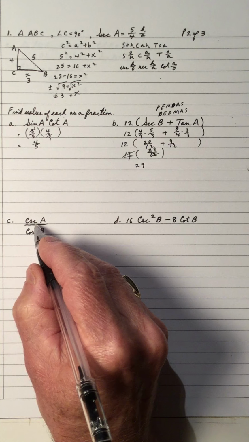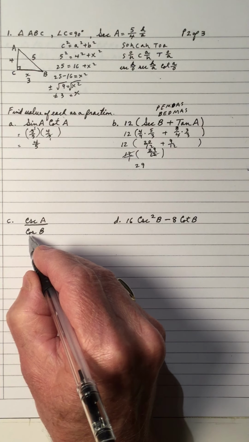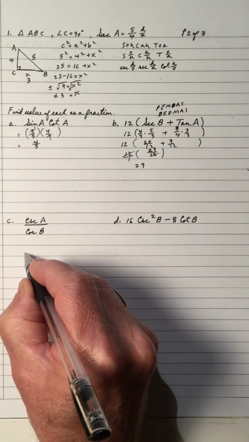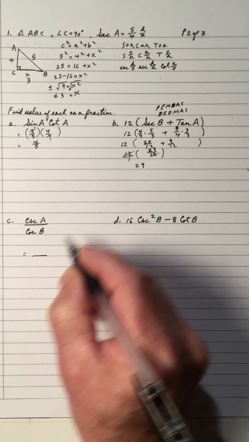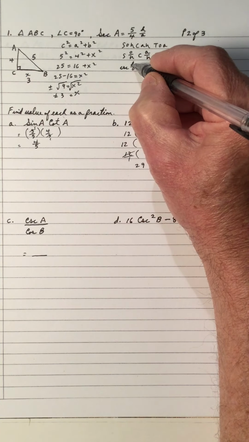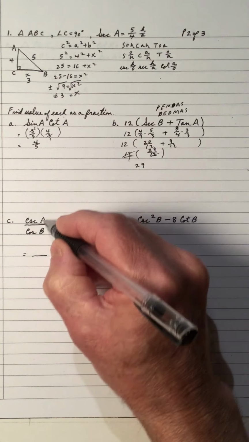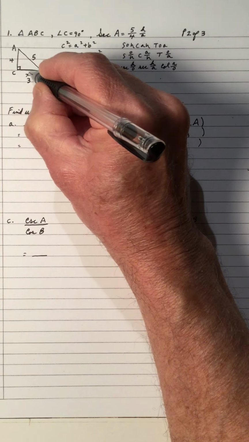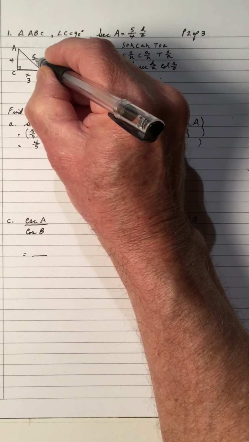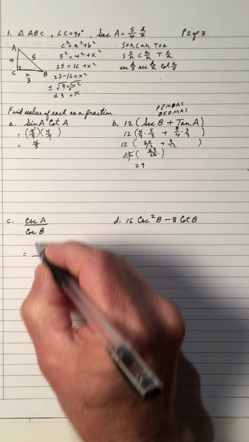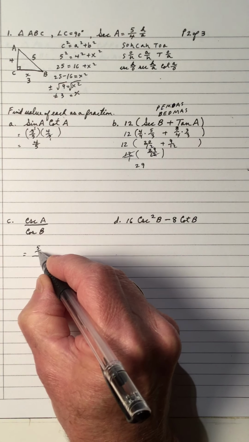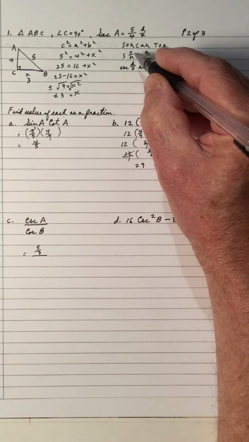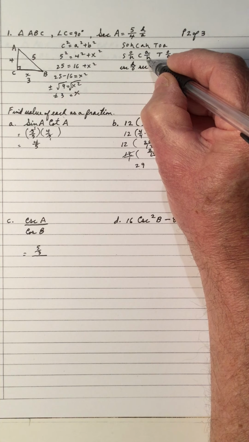C, I have cosecant A divided by the cos of B. So the cosecant of A. Cosecant is hypotenuse over opposite. In terms of angle A, hypotenuse over opposite. Hypotenuse is 5, opposite is 3. Now I'm going to do the cos of B. Cos is adjacent over hypotenuse.